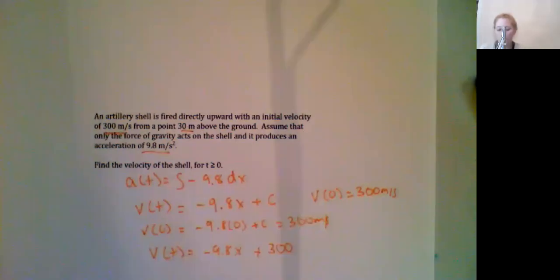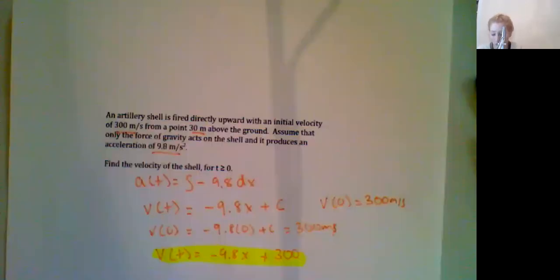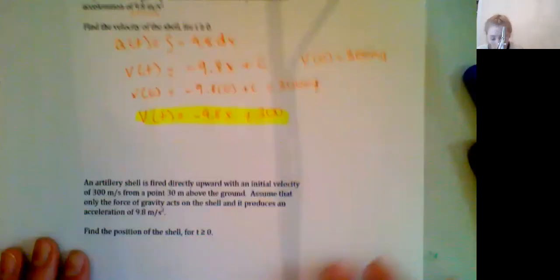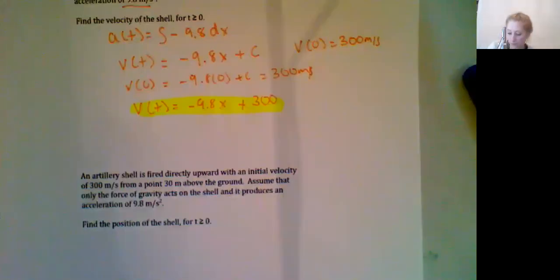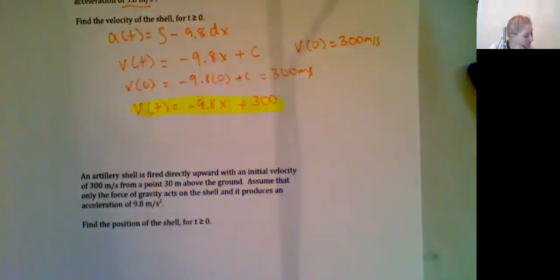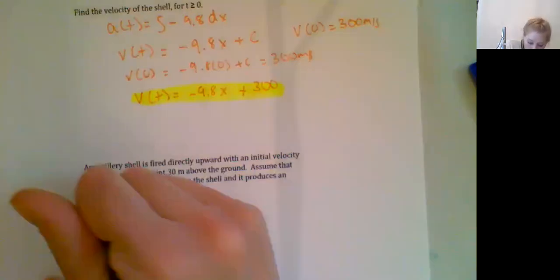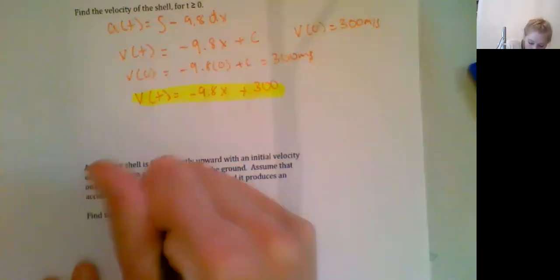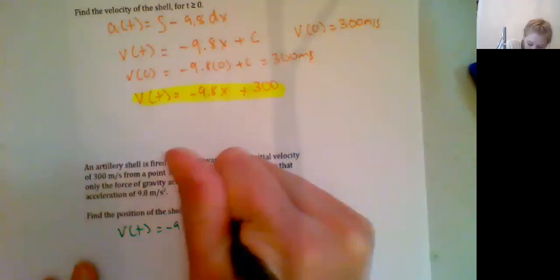Okay, now the next example wants us to still work with this same problem, but we want to find the position function. Okay, so see how I said this was similar to what we've been doing? We're going to add on to it in just a second. Okay, so now we are finding the position. So the velocity that we just found was negative 9.8t plus 300.